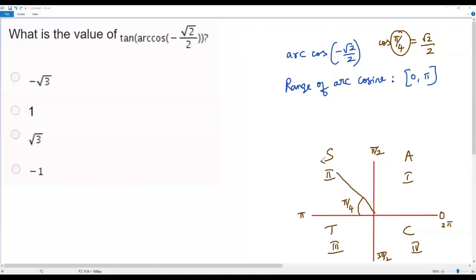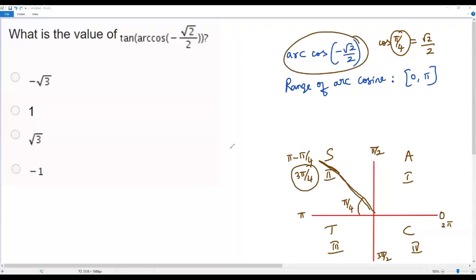Okay, now to get the angle measure in the second quadrant, I have to subtract this reference angle pi over 4 from pi. So pi minus pi over 4, when I simplify this, I'm getting 3 pi over 4. So the angle measure in the second quadrant, which is equal to arccosine of negative square root of 2 over 2, is 3 pi over 4. Okay, now I got the value of this one.